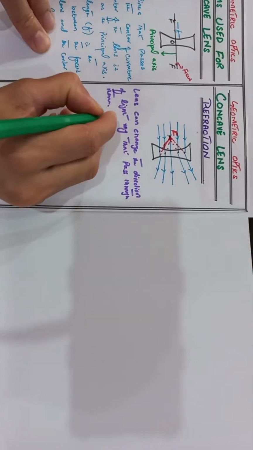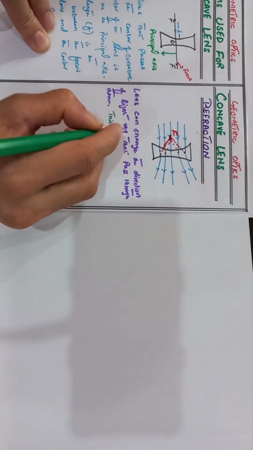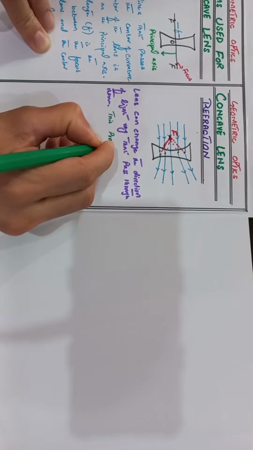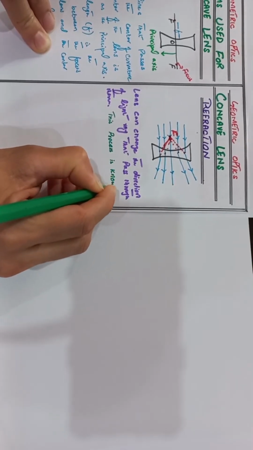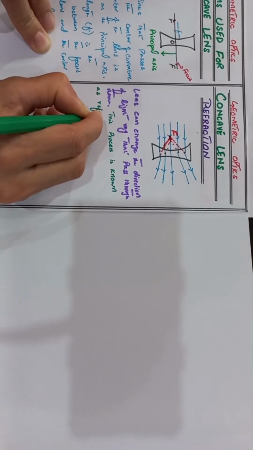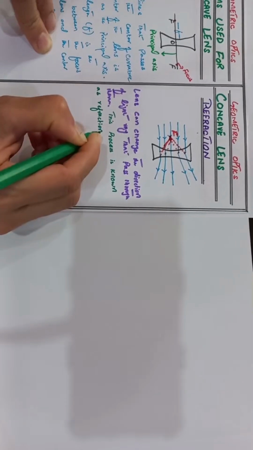When the direction of the light changes, this process is known as refraction. So here we write that this process is known as refraction.